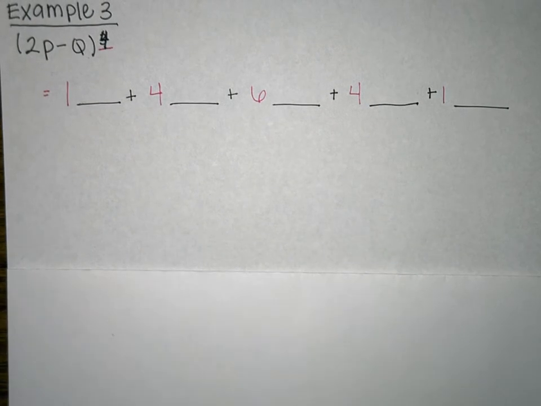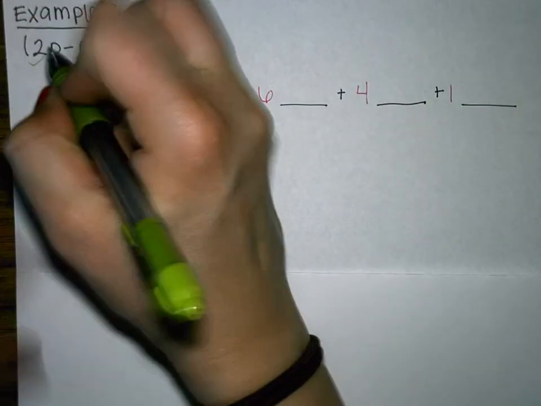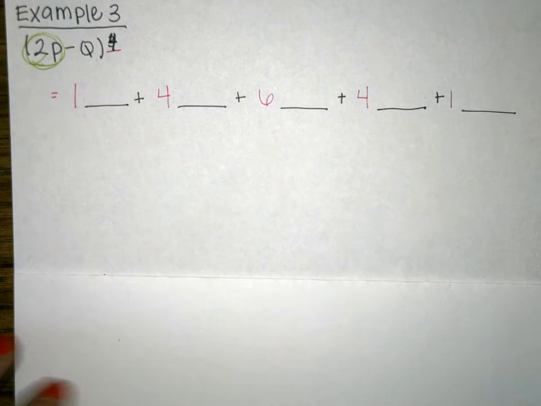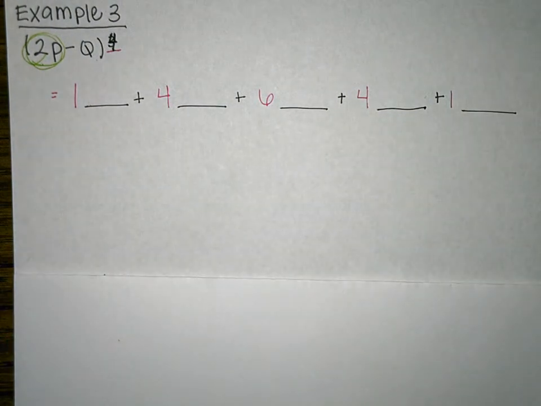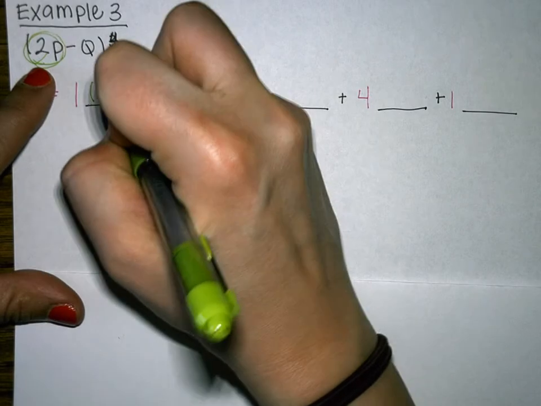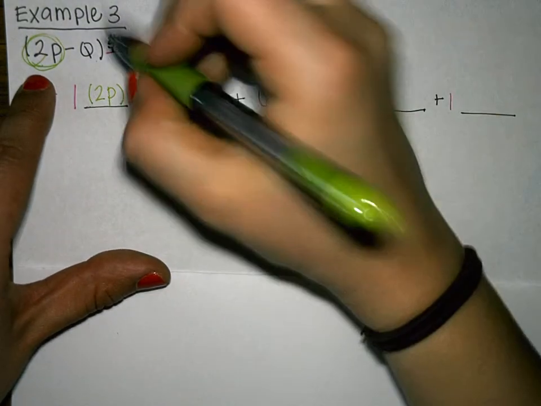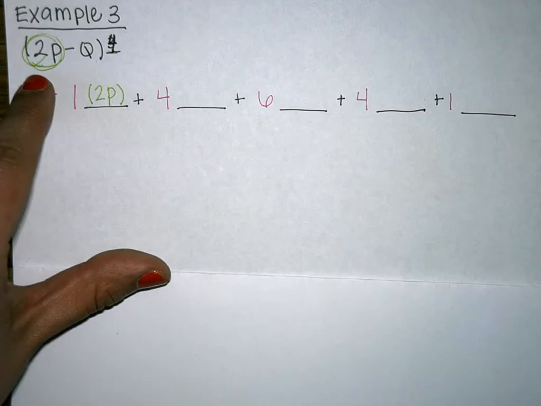Next thing we want to do is start filling in the terms. So you always want to start with the first term, so 2p. But remember, when we have a coefficient in front of a term already, we need to make sure that we plug it in using parentheses. So when I plug in 2p, it's going to be in parentheses. And our first term always starts with the original exponent and then decreases.